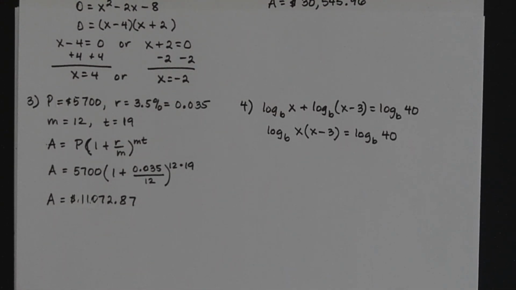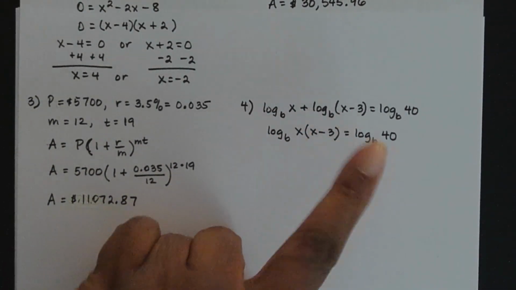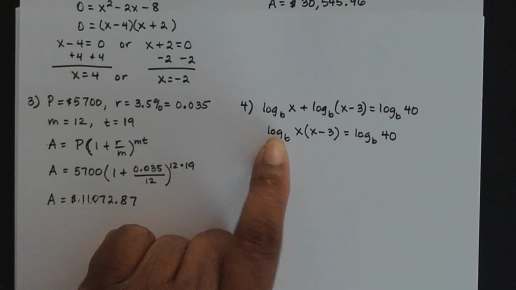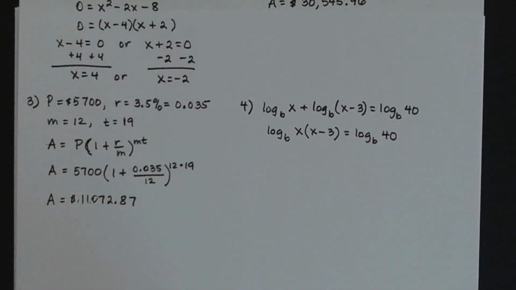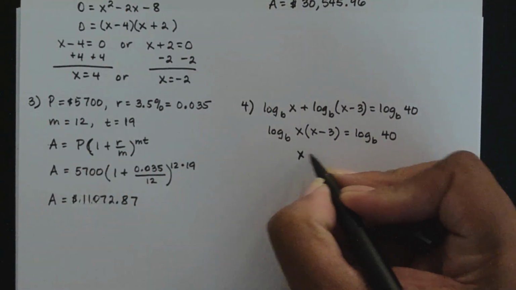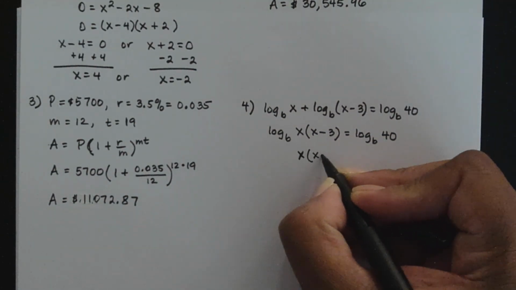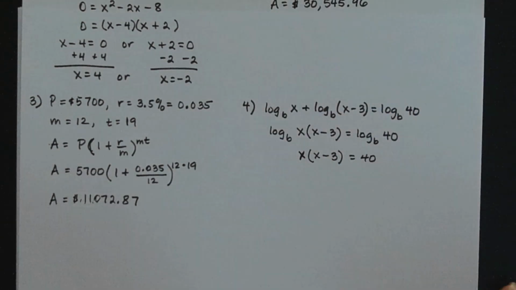And with that, I can go ahead and use something called the one-to-one property. Since I have log to the base b on both sides, I can apply that one-to-one property by setting this expression to be equal to 40. So this x times x minus 3 would be equal to 40.